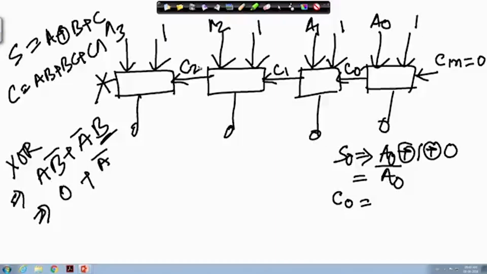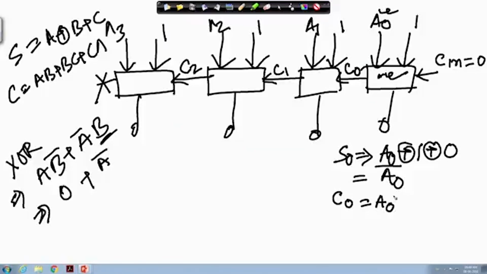Why do I need to calculate these carries? Because the carry generated in this full adder affects the adjacent next full adder cell, so the carry is propagated towards the MSB side. So now we also calculate the carry for this full adder cell. So, what will the carry be?